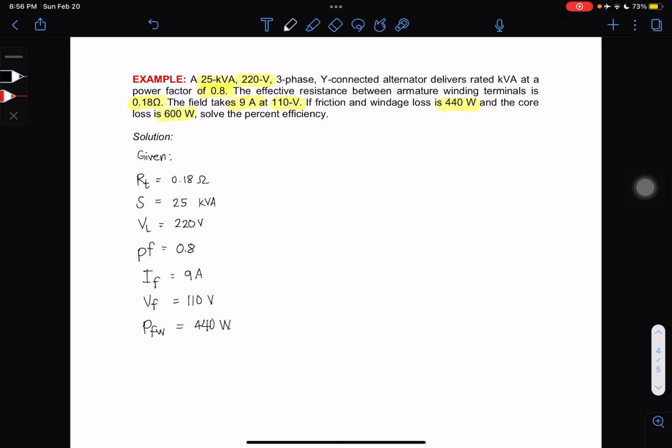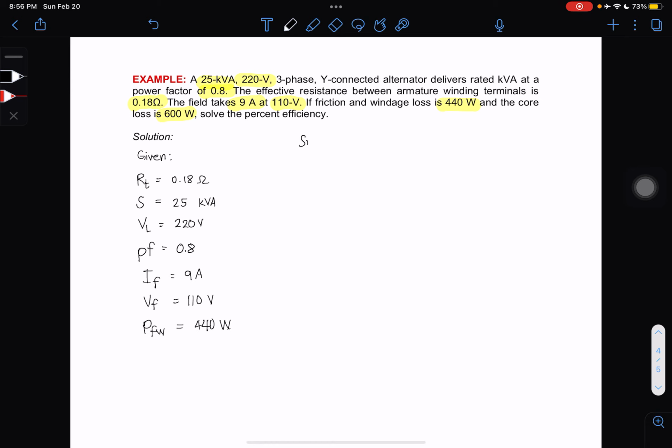So to solve for our efficiency, first we need to solve for our resistance per phase.